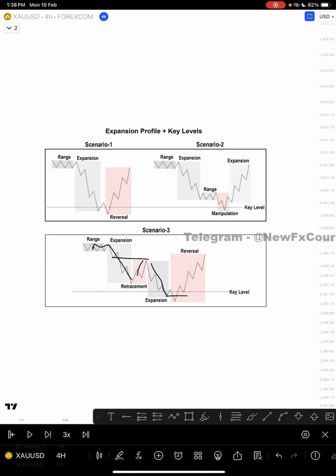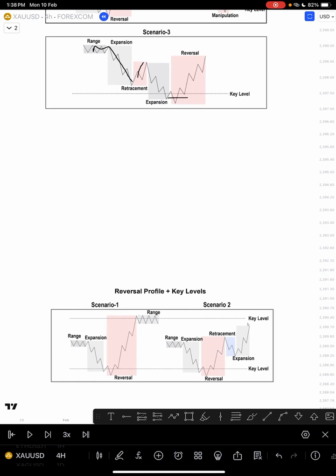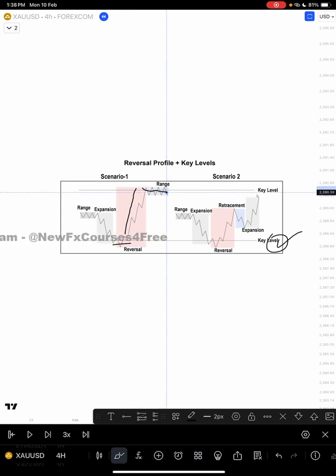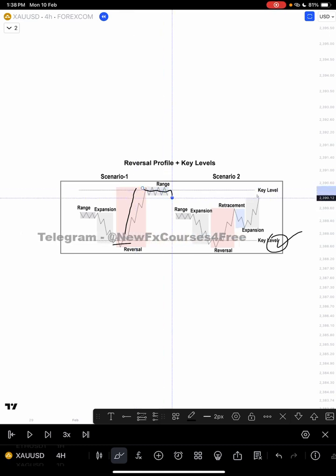So moving forward, reversal profile plus key levels: range, expansion, dips into our discount key level, turtle soup, and reversal, and ends with a ranging profile.